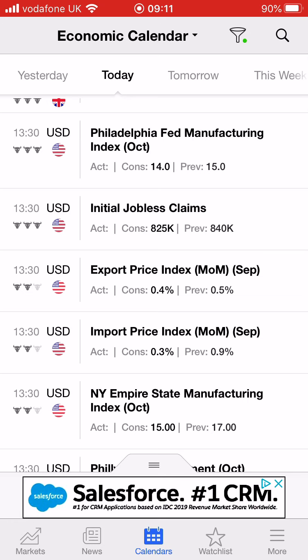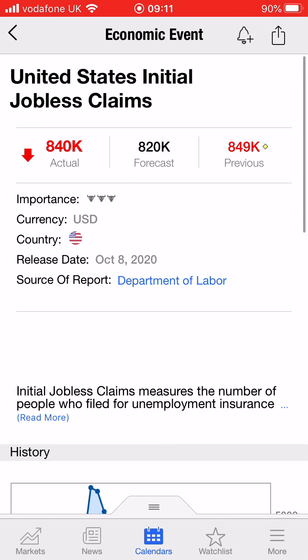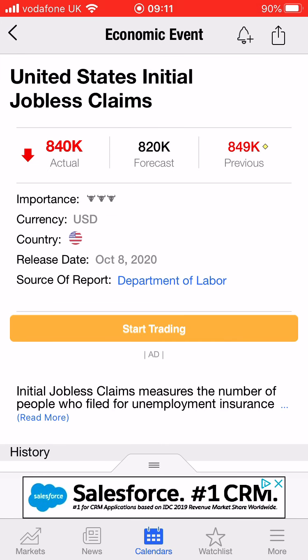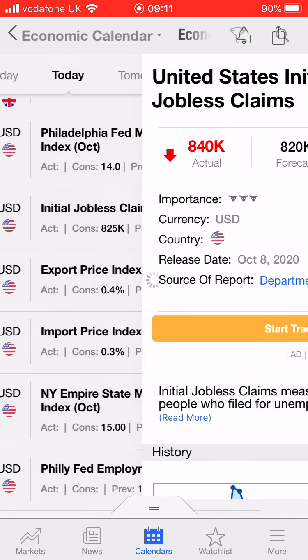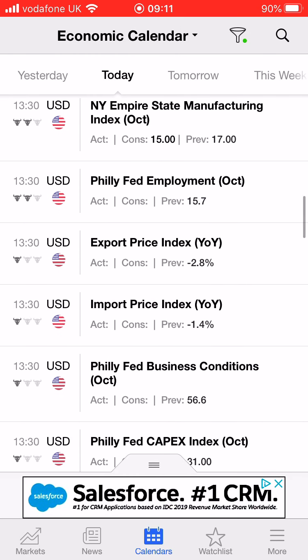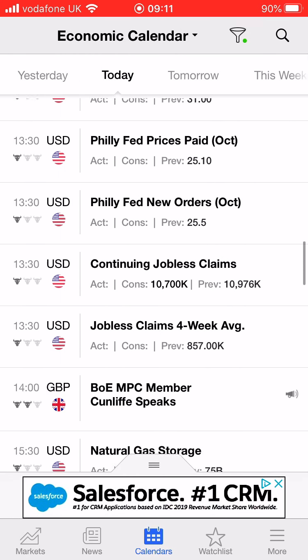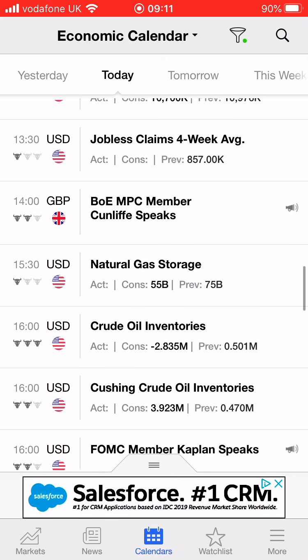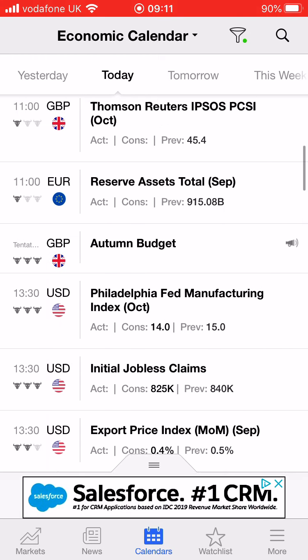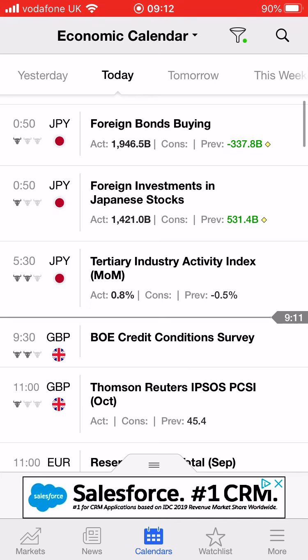So every Thursday at the moment I do tend to keep an eye on the jobless claims in the US, just to see what's happening with unemployment, and they'll give you when interest rate decisions are coming up and that sort of thing. So that's quite handy. A lot of people try and find an economic calendar, so just to have all that in one is handy.